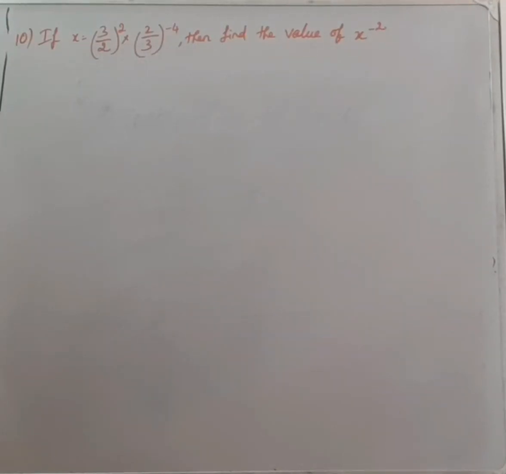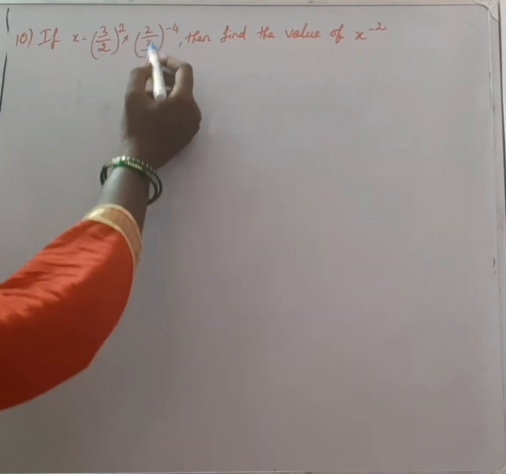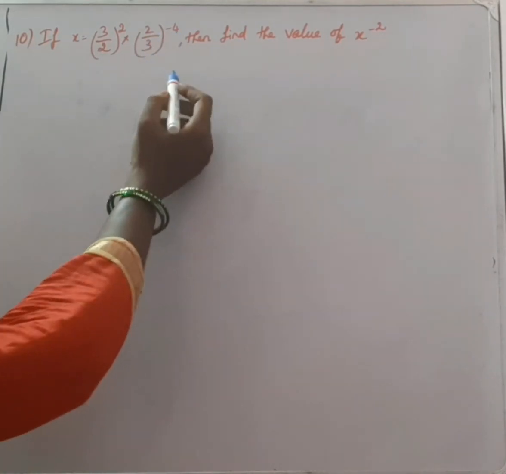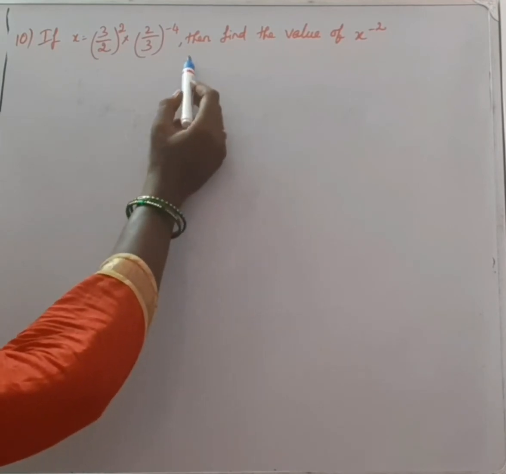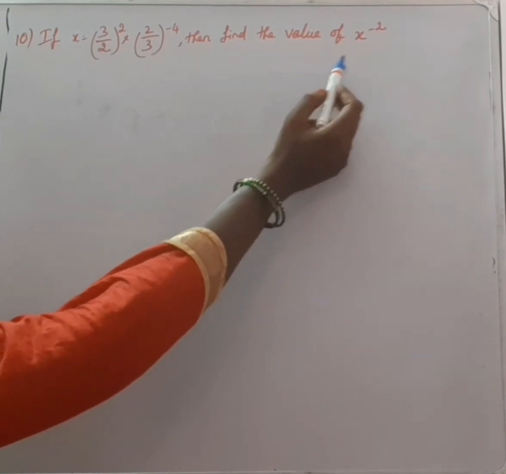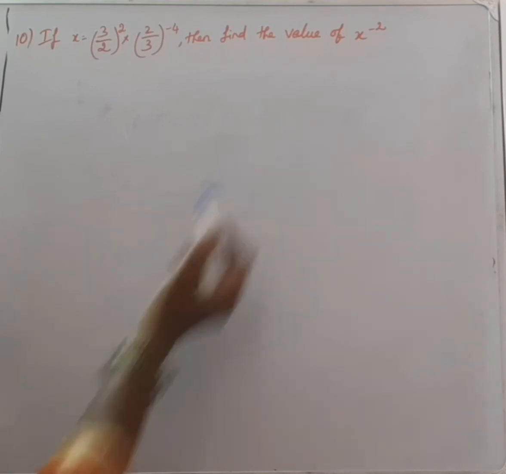Let us see the next sum. See the 10th sum. If x equals (3/2) the whole power 2 into (2/3) the whole power minus 4, then find the value of x power minus 2.